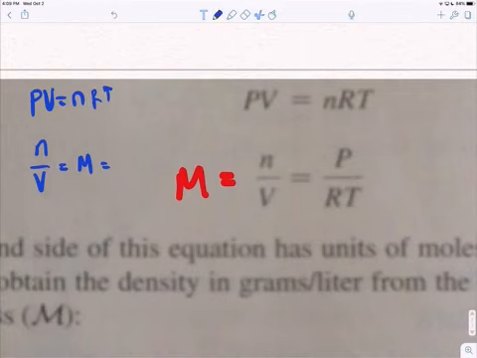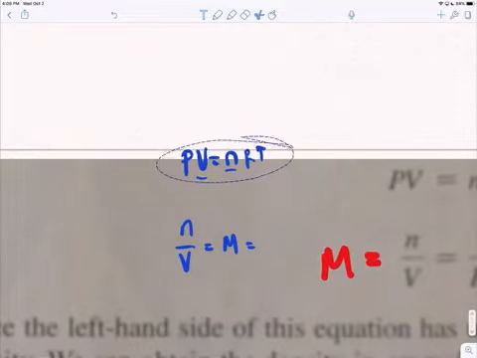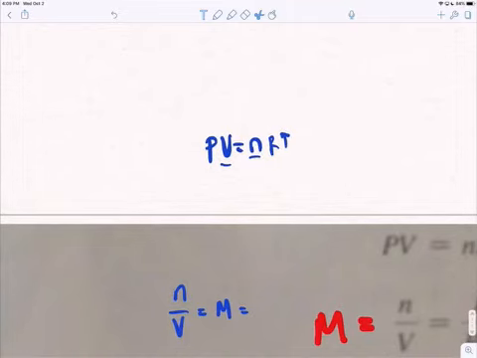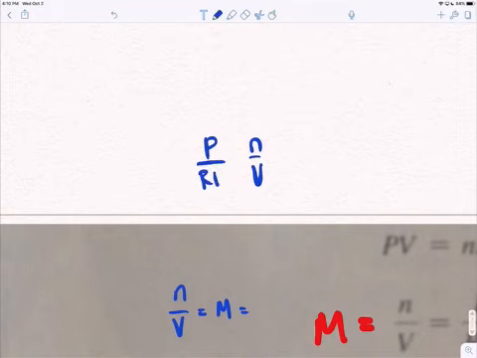So if I want to get n over V, I have to take V, n over V, and put P here, and then put RT.